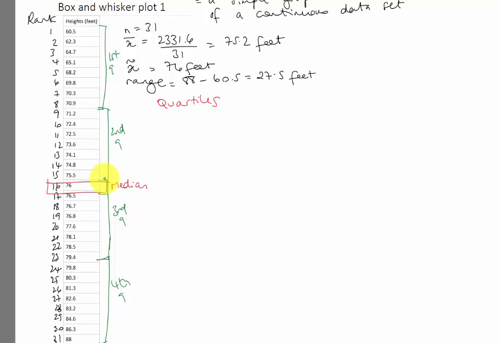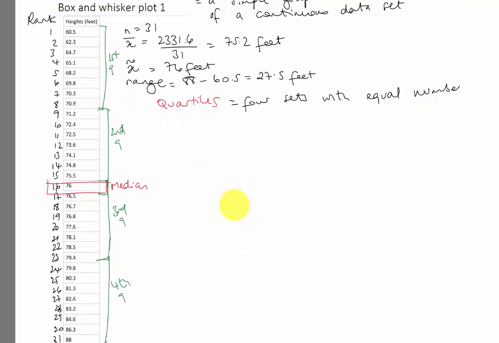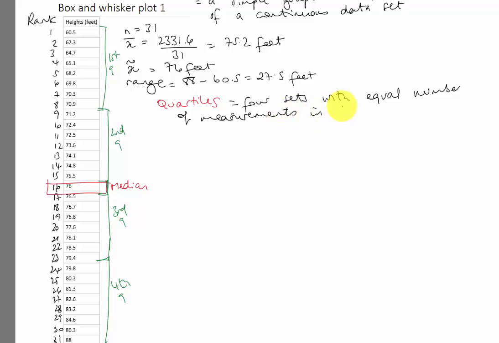Yes, the median gets included in both the second and the third quartiles. That's 4 sets with equal number of measurements in them. There are slightly different ways of dividing up the quartiles. This is the way I've chosen, to have the median in both.